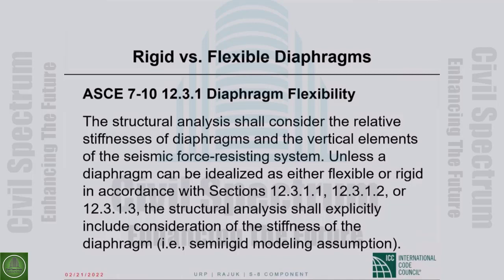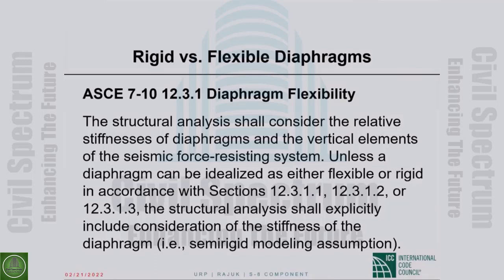Okay, this is now an ASCE 7 requirement. The structural analysis shall consider the relative stiffnesses of diaphragms and the vertical elements of the seismic force resisting system. This is a requirement.